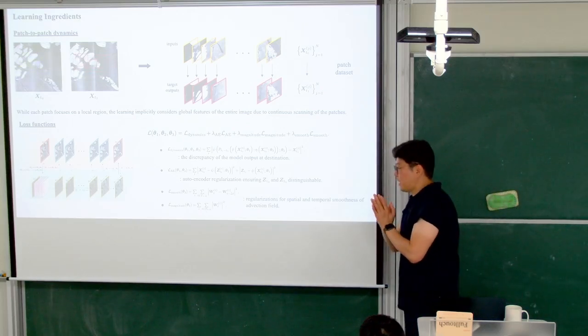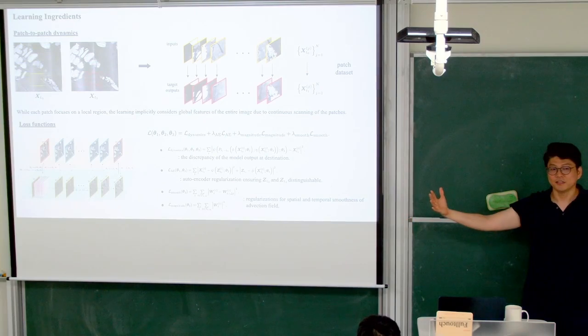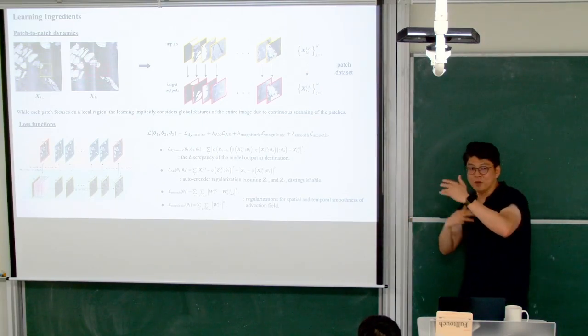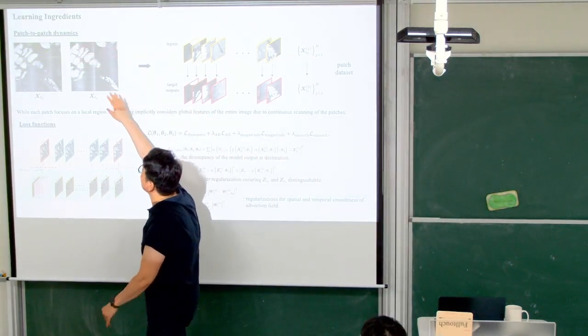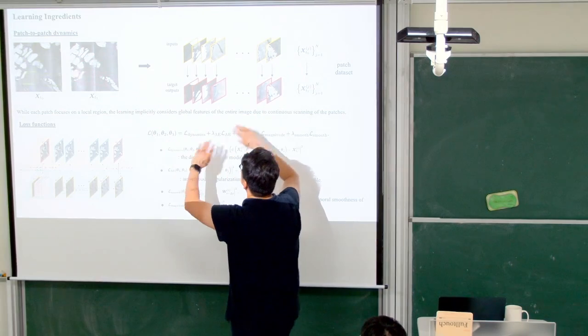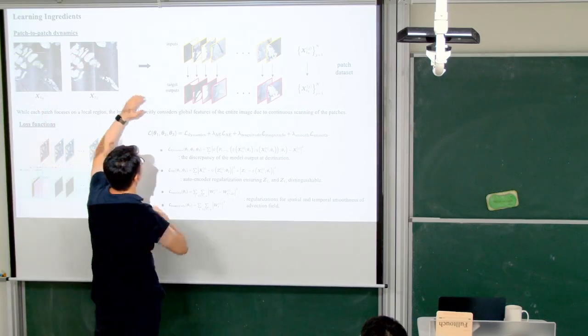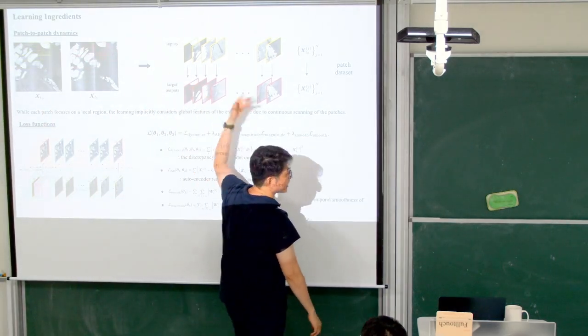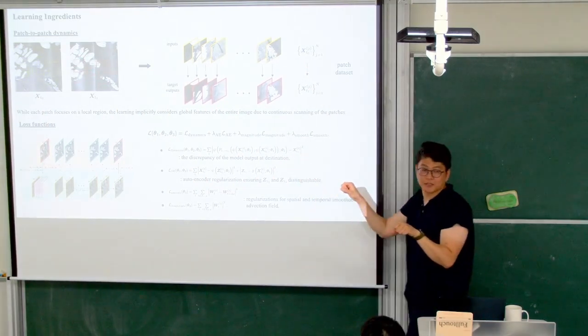So our data is temporally sparse, but spatially abundant. So we use patches: because we only have two labels, but using patches we make a lot of pairs. So we learn this patch-to-patch dynamics.